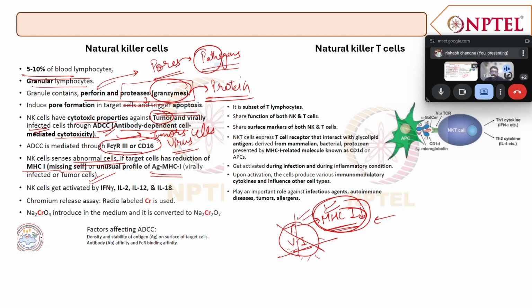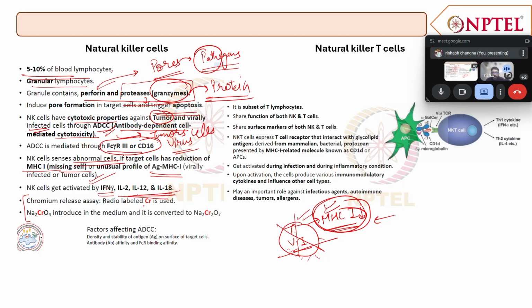Okay, it is activated by IFN gamma. IFN gamma is a major cytokine that helps in virus infection immunity. Also IL-2, IL-12, and IL-18. These are the interleukins that help in NK cell activation. Then we can test how NK cells work in a chromium release assay.